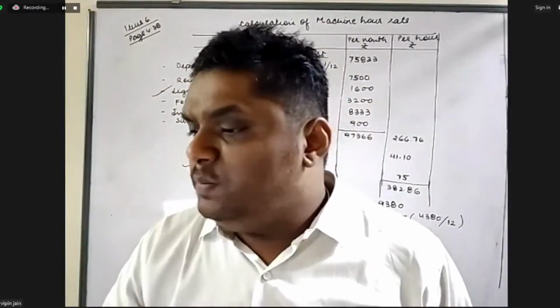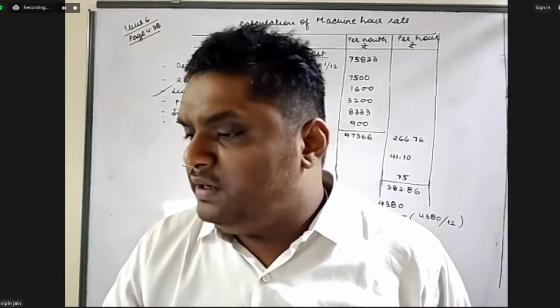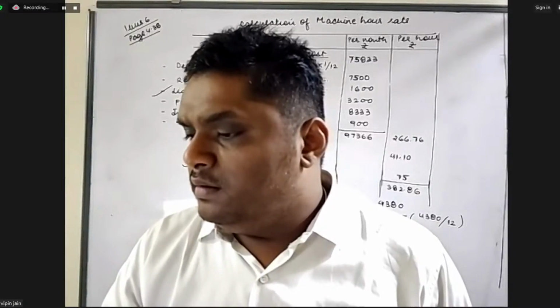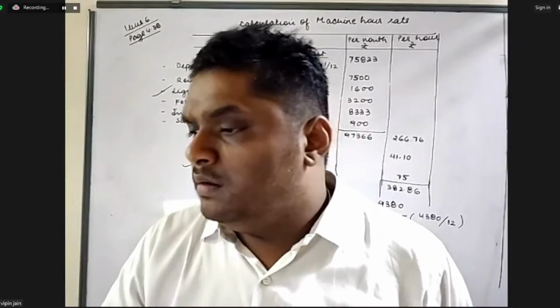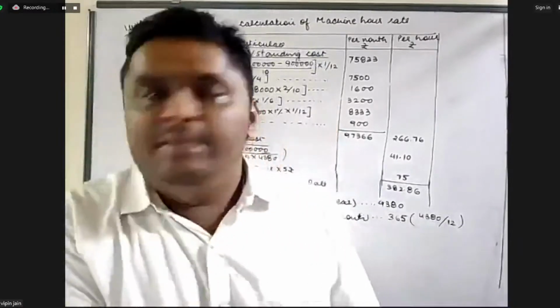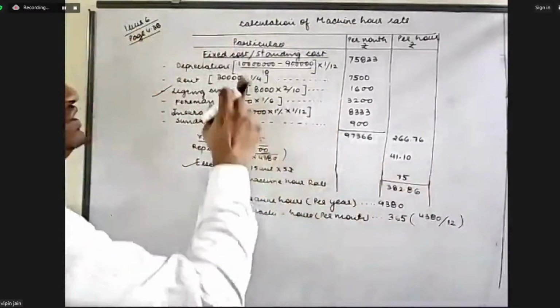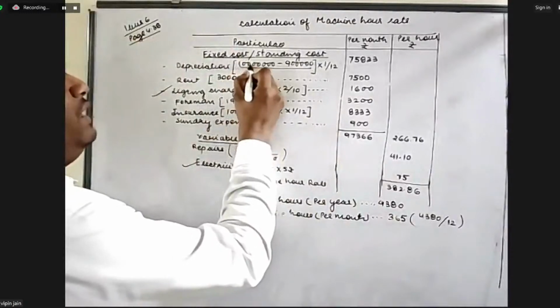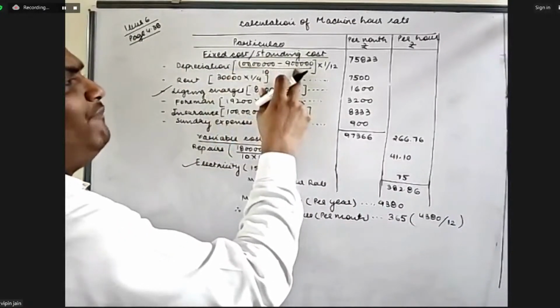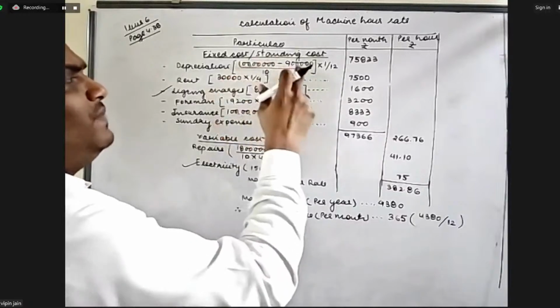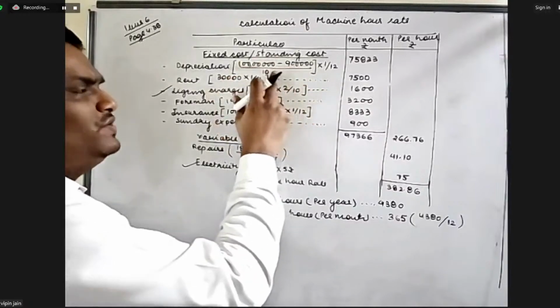Sakshi asks, can you please explain the depreciation part again? So Sakshi, when talking about depreciation, the cost of the machinery is 1 crore. The original cost minus scrap value divided by useful life.